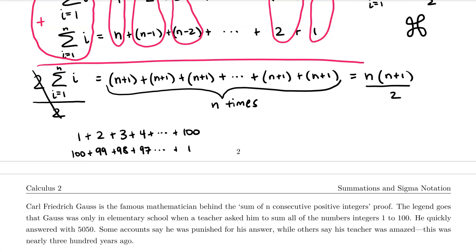And he noticed that all of those vertically add up to 101. So we could do 100 times 101 and divide that by 2. 100 divided by 2 is 50, so 50 times 101, if you multiply those together, gives you 5,050. So that is the story behind the proof of this theorem.